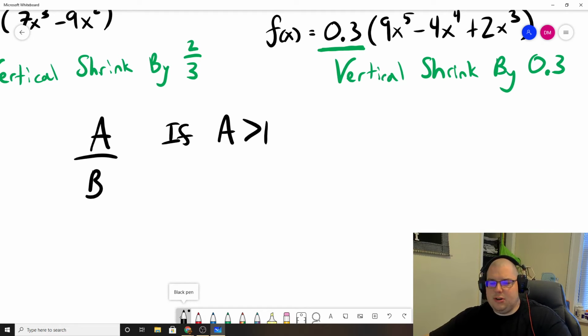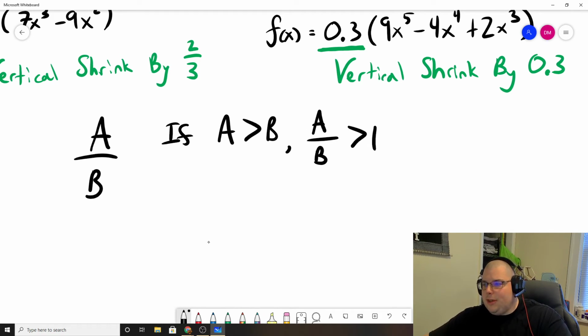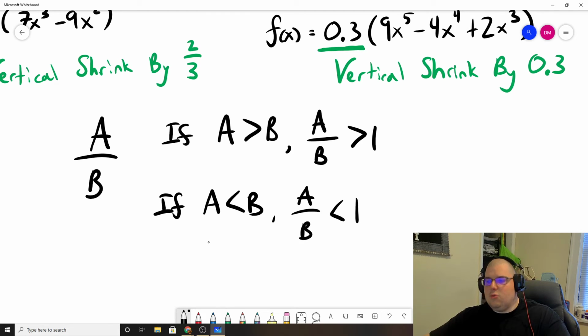If a is bigger than b, if the top number, the numerator, is bigger than the bottom number, the denominator, the fraction a over b is bigger than 1. And if a is less than b, the top number is less than the bottom number, numerator less than denominator, then the fraction a over b is less than 1.